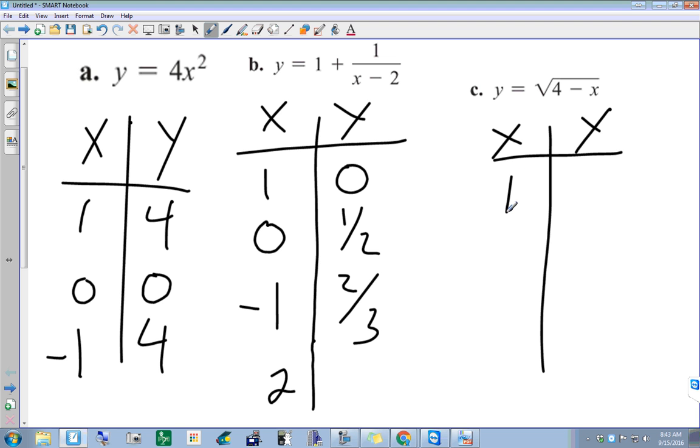Well, if I put 1 in there, what's 4 minus 1? 3. Can I find the square root of 3? Is the square root of 3 a legal number? Sure it is. Absolutely, perfectly legal. What happens if I put my 0 in there? Well, what's 4 minus 0? What's the square root of 4? 2. Perfectly legal. What happens if I put in negative 1?